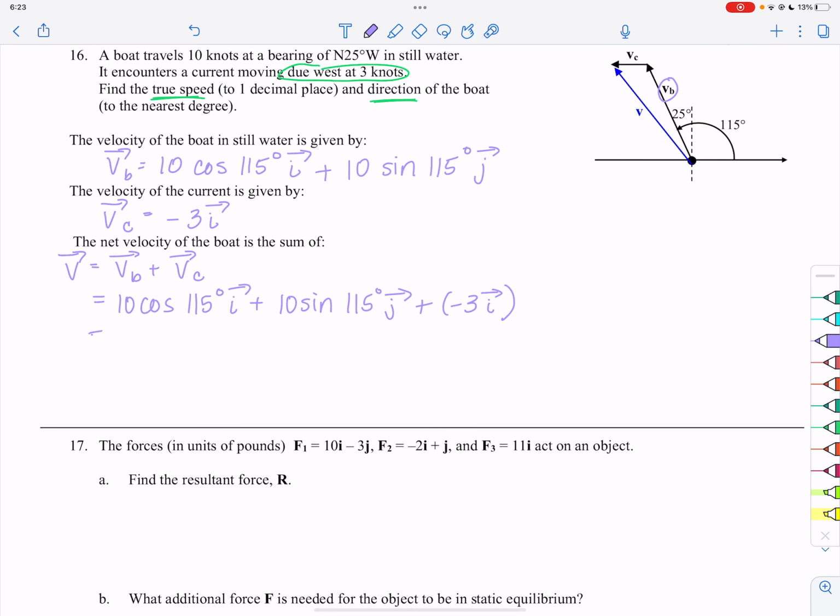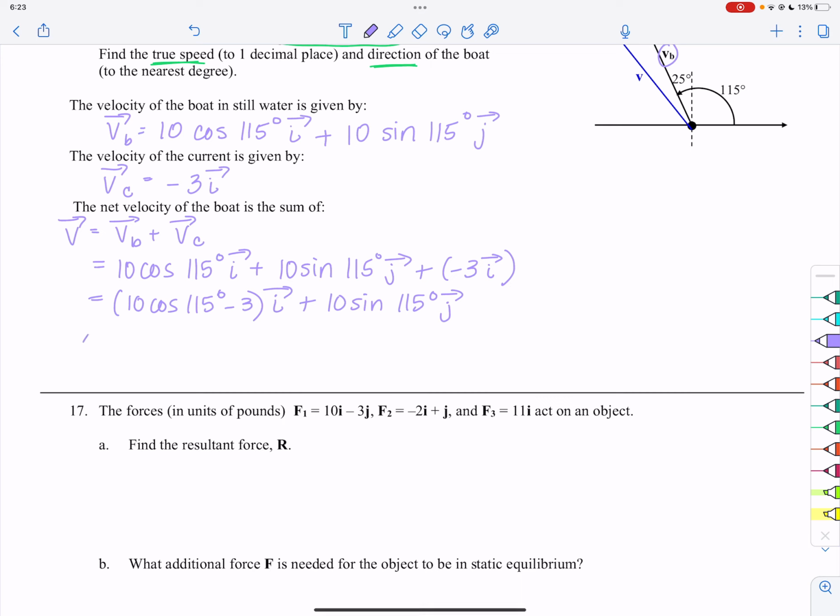So as you can see, we will have 10 cosine 115 degrees minus 3 times vector i plus 10 sine of 115 degrees times vector j. And if you put this in your calculator, you would get approximately -7.2 i plus 9.1 j.